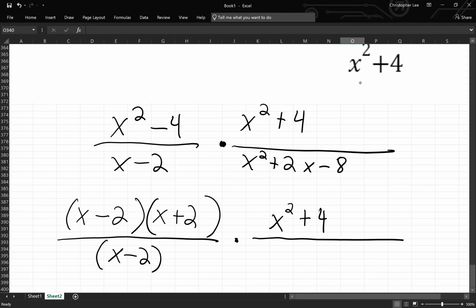Just stays the same, right? What about the denominator? Whenever you have the sum, like addition of two perfect squares, you can't factor it. It just stays the same. Right. Only when it's a minus. Like if this was a minus, then I can factor it. But because it's a plus, I can't. So denominator, what is that?